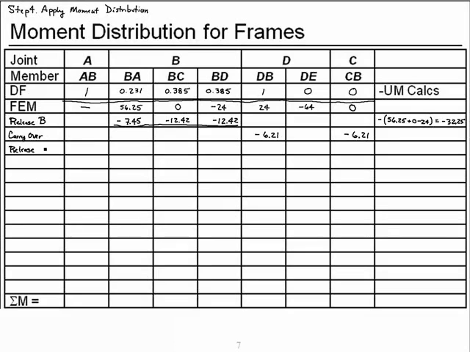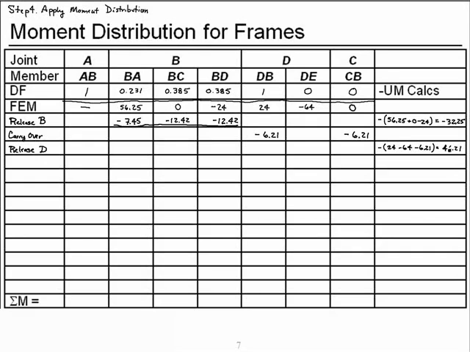So let's jump to node D. Need to reverse or take the opposite of the unbalanced moment, and the unbalanced moment is given by 24 minus 64 minus 6.21. Take the opposite sign of all of that, and we get 46.21 foot kips needs to be distributed.